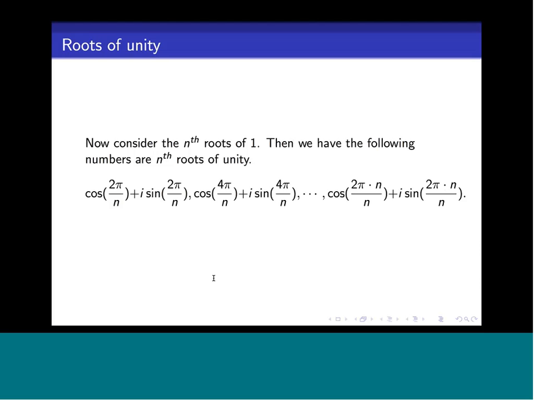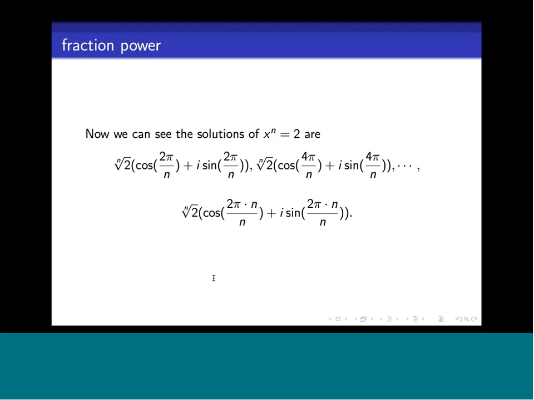Totally you have n of them. The last one is cosine 2pi plus i sine 2pi, so it's 1. So, for example, you can see how many solutions x to the n equal to 2 has. They have all those solutions.